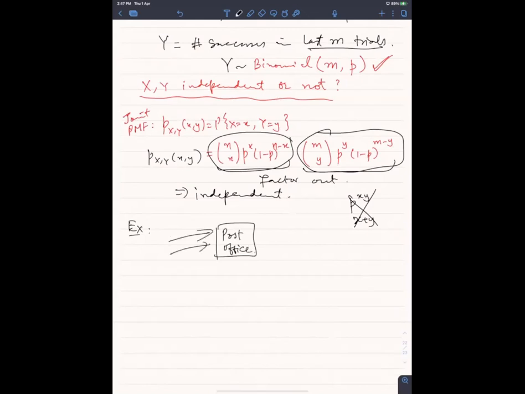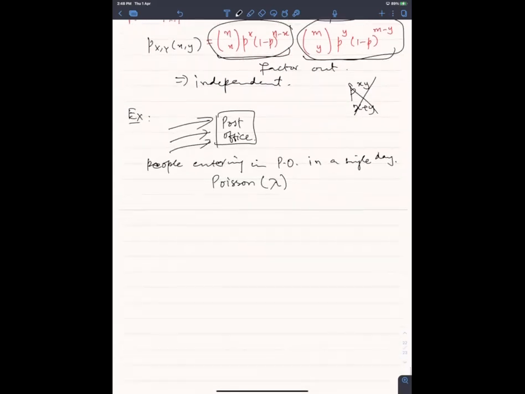So let's say that the people entering in a post office in a single day, let's say that this is Poisson with parameter lambda.